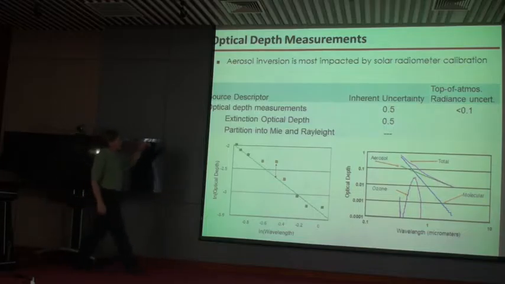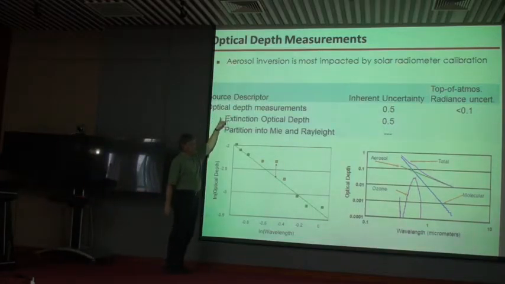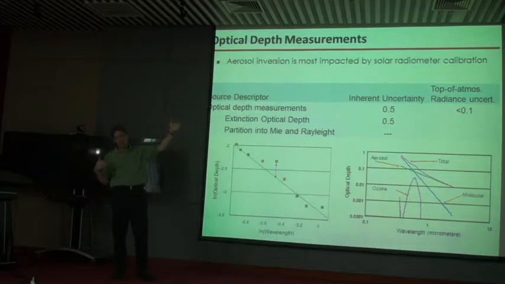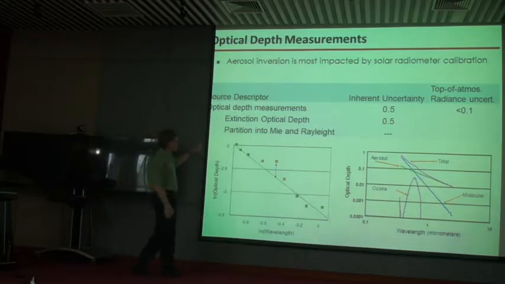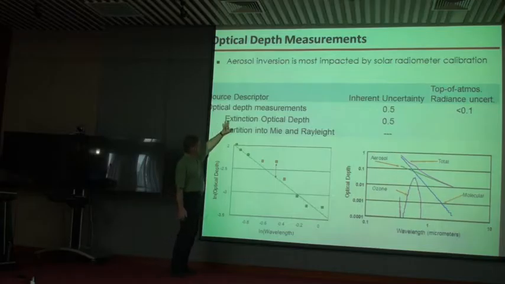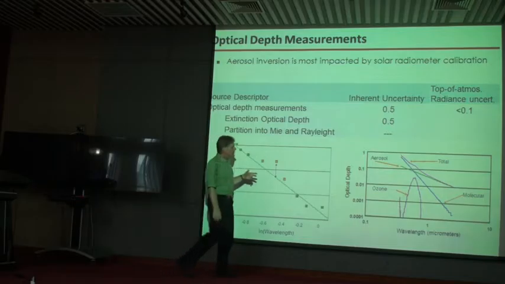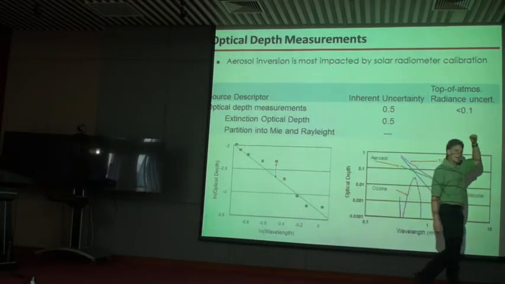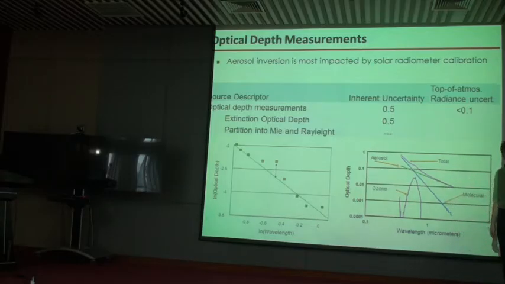So, optical depth. So the source descriptor is optical depth measurements. These are, again, the solar radiometer things that we've been talking about for the last hour and a half or so. The extinction optical depth, this is the measurement that's made by the solar radiometers. That's essentially caused by the calibration of the solar radiometer. So, the computation of the intercept and how well we can do that.